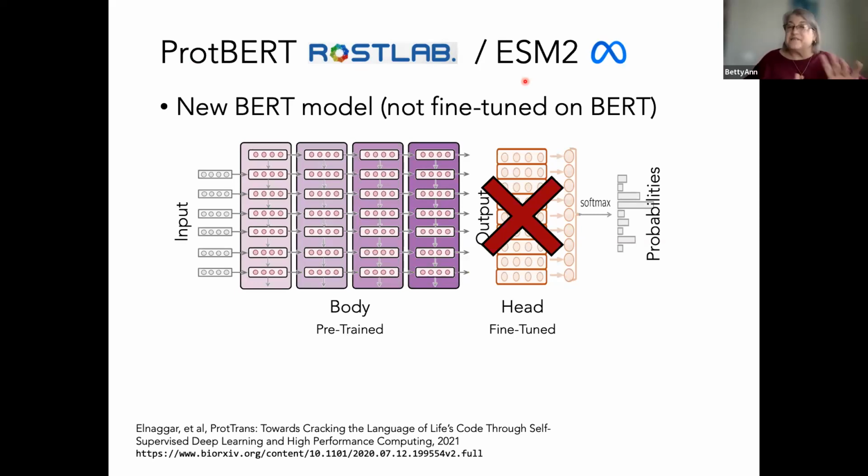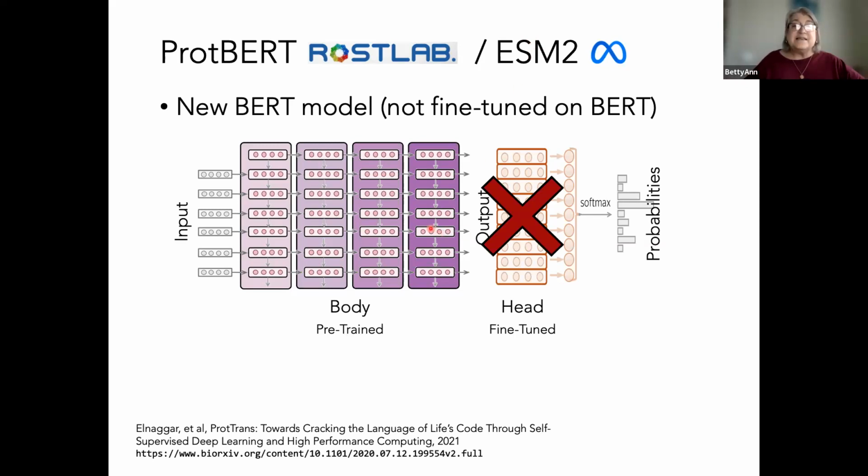The reason this is interesting is the way they trained this model captures what we think of as evolutionary relationships. Proteins do mutate over time, and so ESM tries to look at that evolution over time.